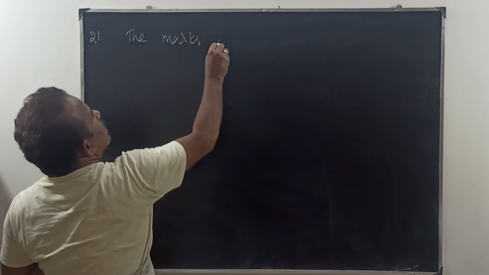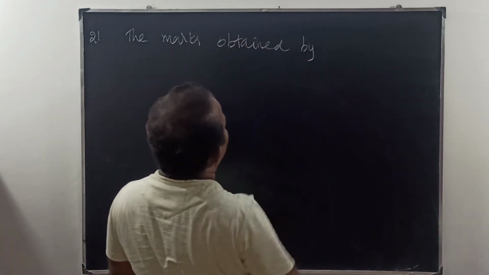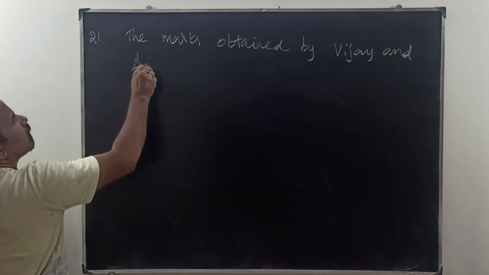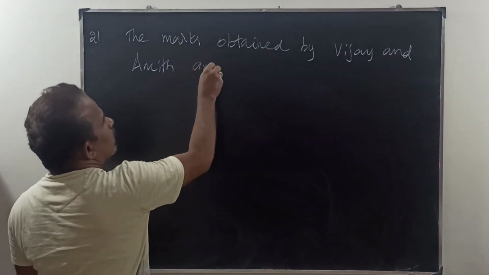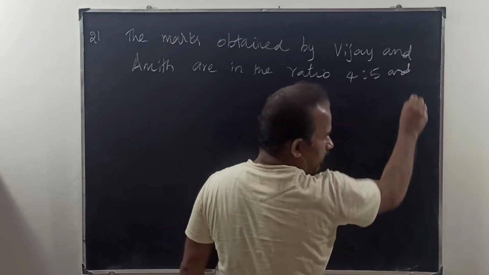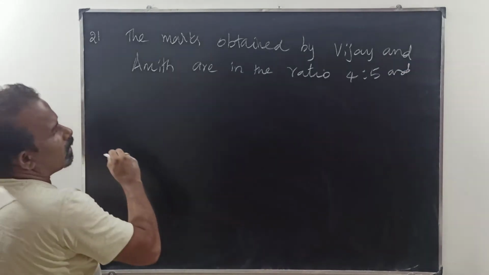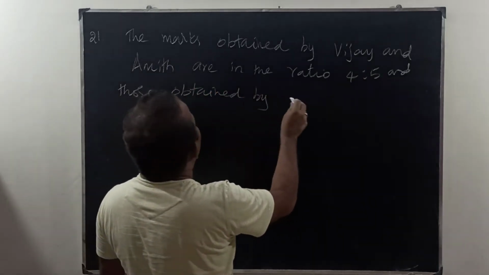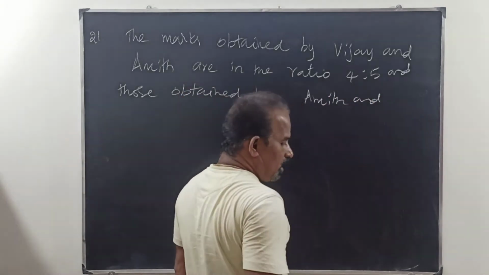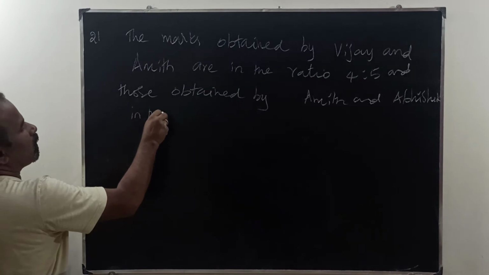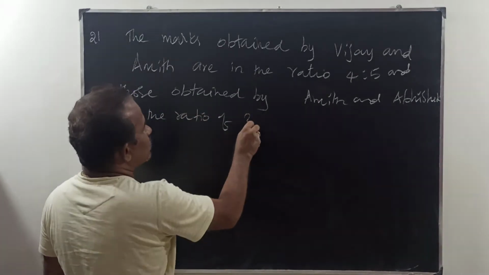In the first question, the marks obtained by Vijay and Amit are in the ratio 4:5, and those obtained by Amit and Abhishek are in the ratio of 3:2.